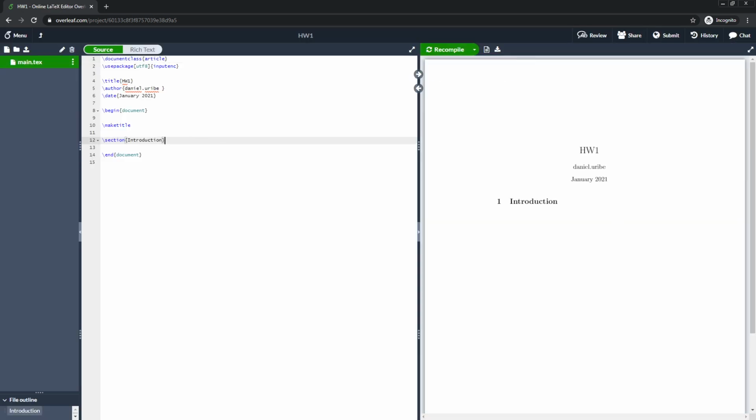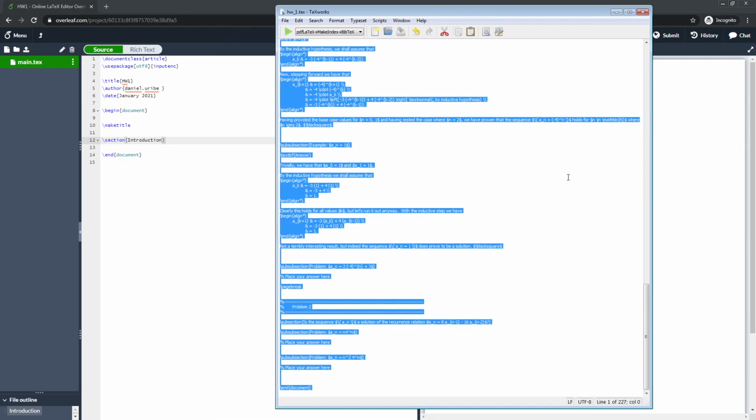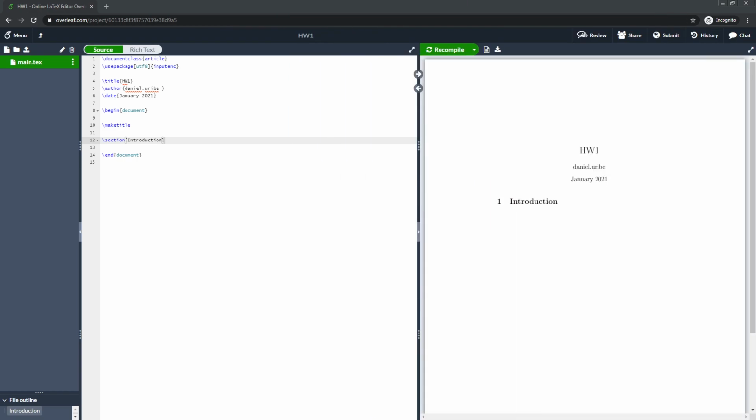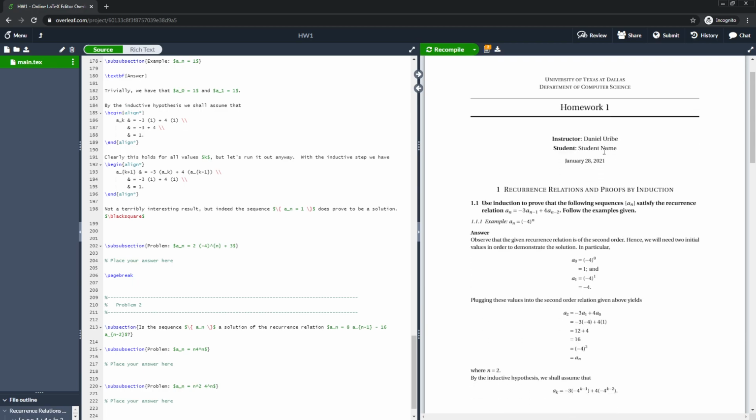Right, and so you'll take the tex for homework 1, copy it, and you can use just Notepad or whatever to get it, and then paste it in here, and let's see whether or not, yeah, okay, so there and so forth.